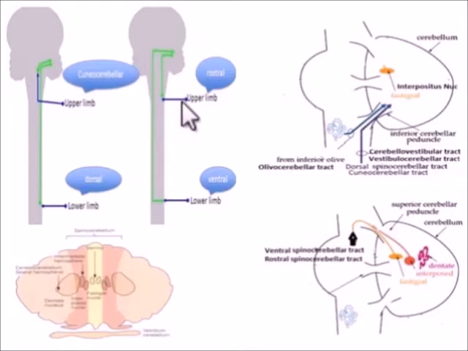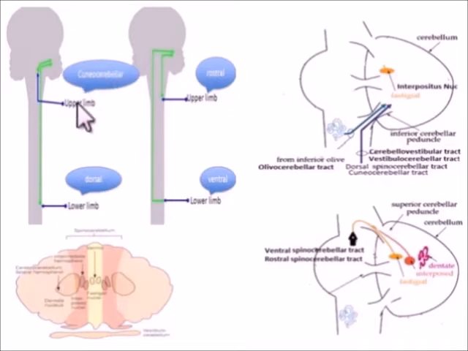While the another tract from the lower part of the trunk and lower limbs is the dorsal spinocerebellar tract, which does not cross to other side of spinal cord and ascends upwards to reach the inferior cerebellar peduncle in the medulla, and through inferior cerebellar peduncle it enters the spinocerebellum.